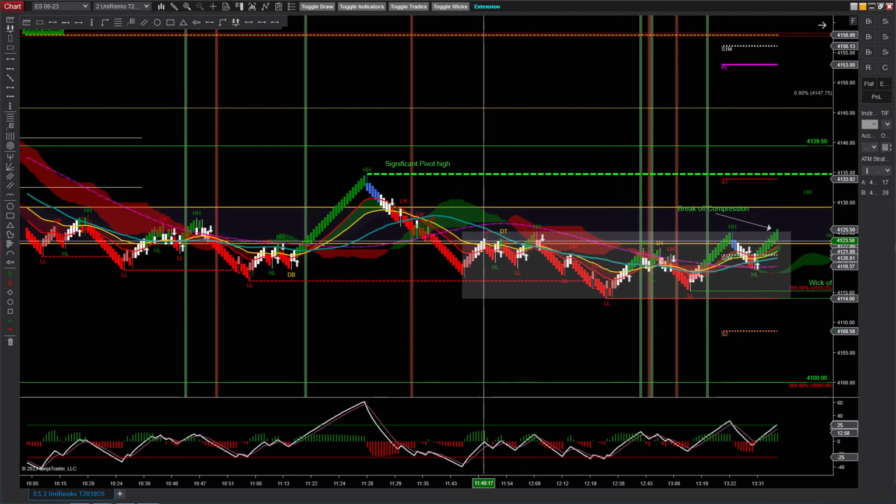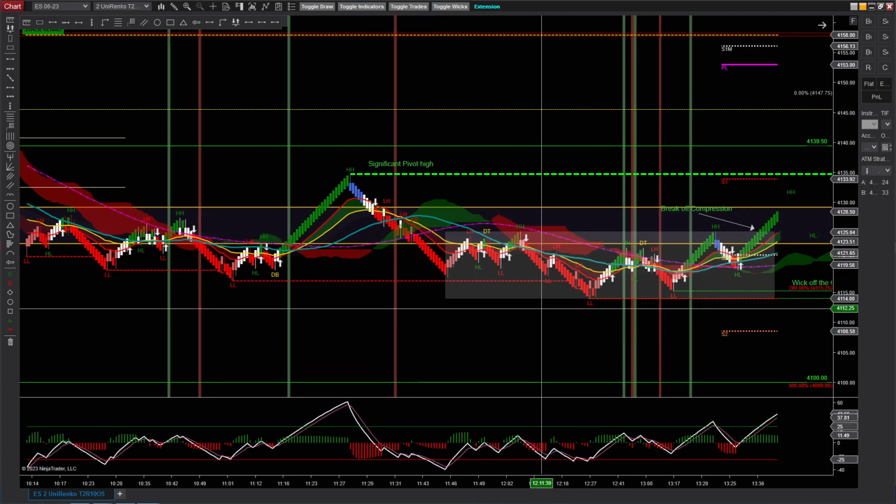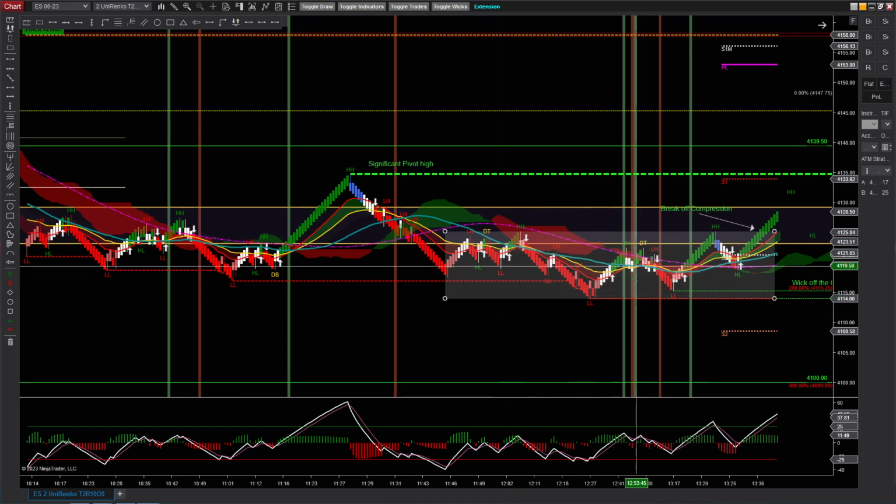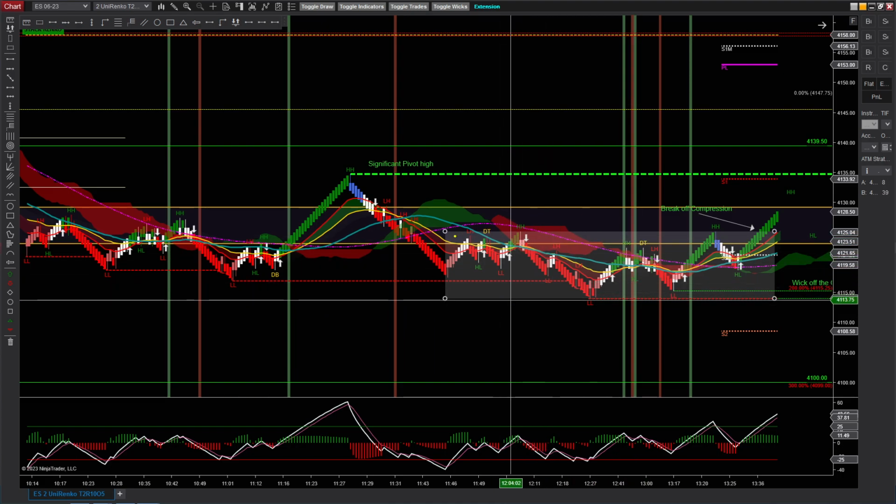Okay, so then now, I marked this area here in this range as a compression area. So you see that there's 1, 2, 3, 4 bounces to the downside, and then as resistance, and then to the upside, you have one, potentially a second one here a little bit higher.